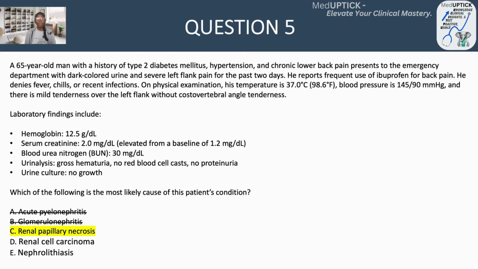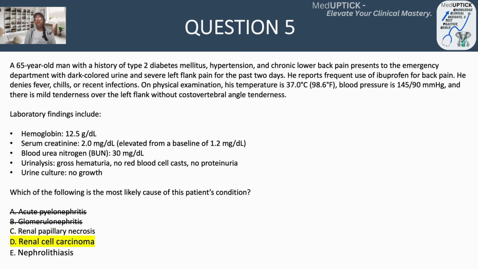C. Renal papillary necrosis. Chronic NSAID use and diabetes are classic risk factors for renal papillary necrosis. As noted previously, the mechanism of prostaglandin inhibition leads to medullary ischemia, resulting in papillary necrosis and sloughing. Hematuria, flank pain, and acute kidney injury are also hallmark features strongly supporting this diagnosis. So this is the most likely correct answer choice.